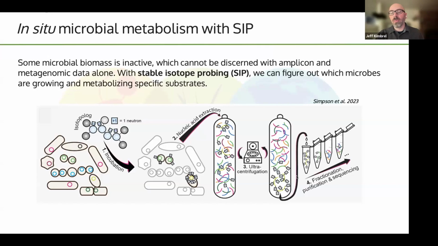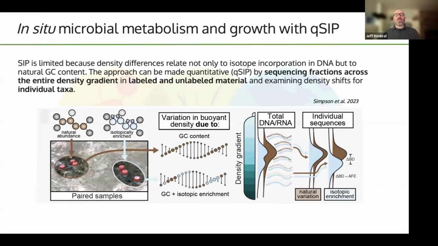So with traditional SIP, you just have some cutoff and you say, okay, everything above a certain density we're going to say is active. But that limits the analysis, because if you're working with DNA, for example, you have GC content. So some microbes, some DNA content is already going to be heavy.